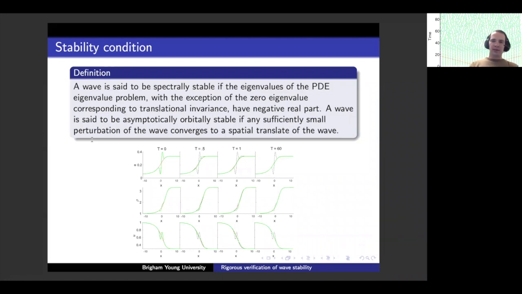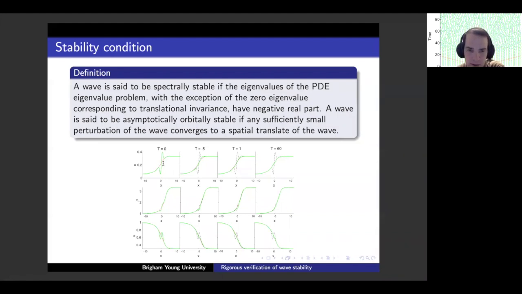A wave is spectrally stable if the eigenvalues of the PDE eigenvalue problem that you get from linearizing the PDE about the background traveling wave, with the exception of the zero eigenvalue that you always have corresponding to translational invariance, have negative real part. And a wave is said to be asymptotically orbitally stable if sufficiently small perturbations of the wave converge to a spatial translate. That's what we described with this picture.